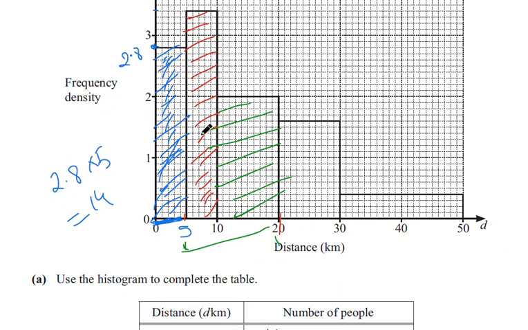So what is the area of this red rectangular box? It is nothing but 5 to 10 means 5 times this, which is 3.4 actually, 3.4.